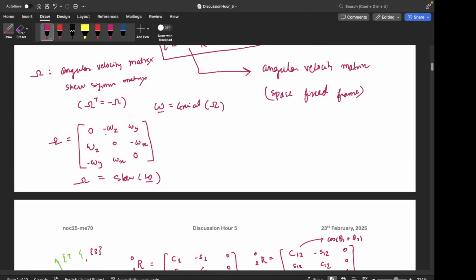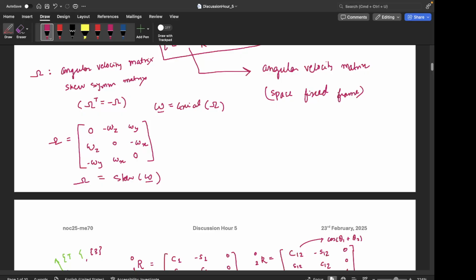So first is this skew symmetric matrix, right? Skew symmetric matrices satisfy this relationship, that the transpose of the matrix is equal to the negative of the matrix itself. Now if you take a 3 by 3 matrix with all 9 distinct values and use this relation, you will get that the diagonal should be 0.